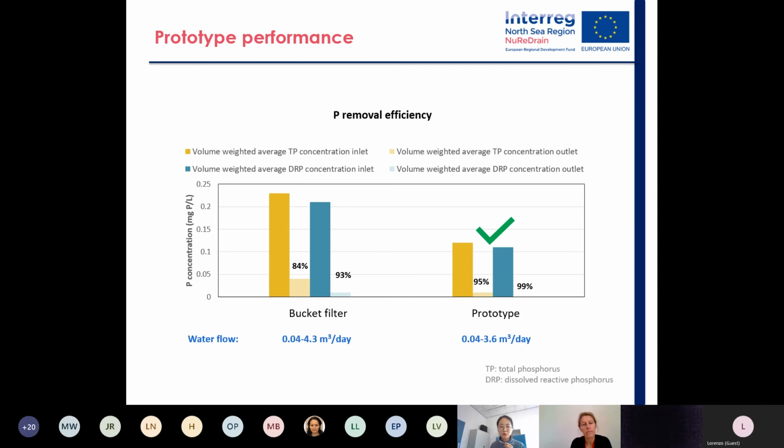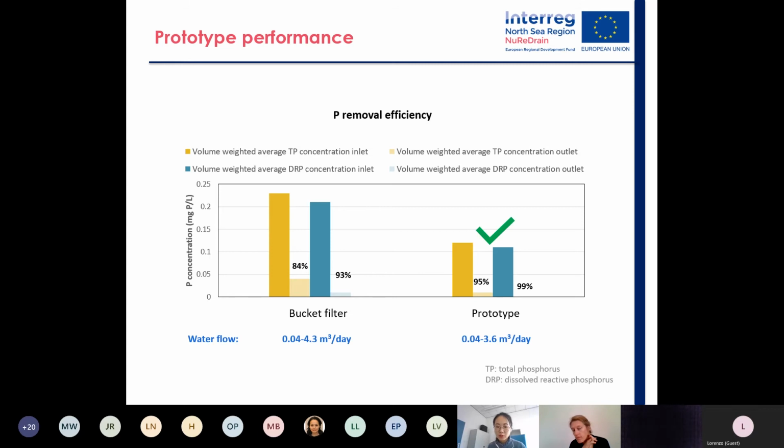So let's look at the performance of the prototype in the field. We used iron-coated sand as a filter material and compared the simple bucket filter and the prototype filter in the field. Here, total P and dissolved reactive P are presented in yellow and blue bars. Inlet and outlet P concentrations are in dark and light color.